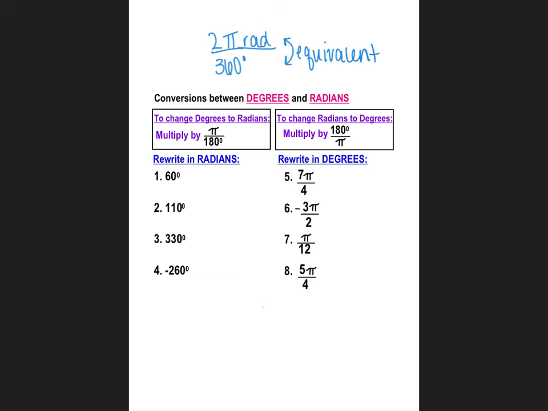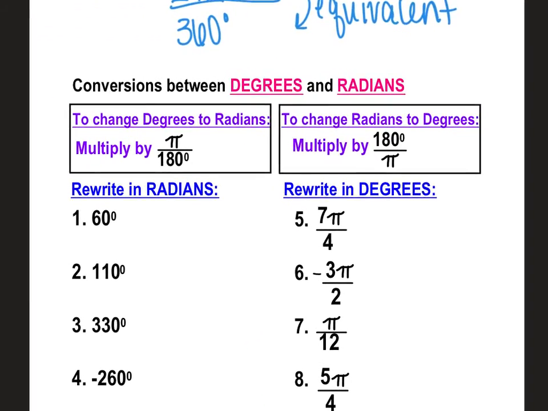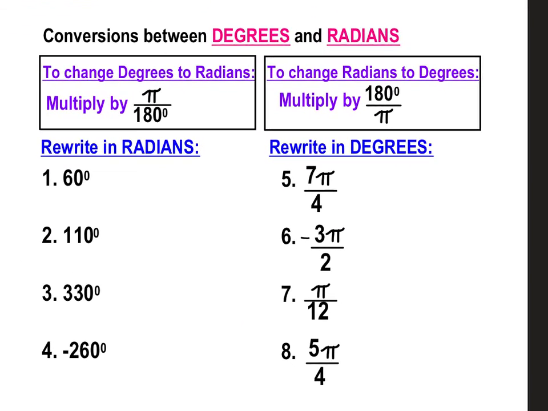And that's how you make a conversion factor. It just has to be an equivalent fraction using 2 different units of measure. So we have 2 pi radians over 360. Now what you'll notice is that this can be reduced, and when we reduce it, it will end up just being pi and 180.